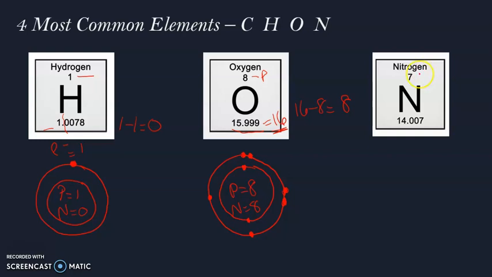All right, nitrogen, last one. I've got 7 protons, and the mass is 14.0. I'm going to say that's 14. So protons is 7. Neutrons is 14 minus 7, which also equals 7.